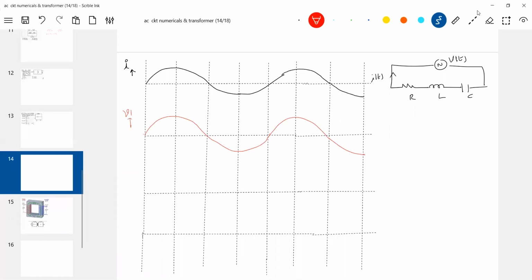This is VR. And let's come to the inductor. Across the inductor, current lags the voltage here, no? Current is having zero phase. So therefore the voltage should lead the current. So therefore the curve will come from here.